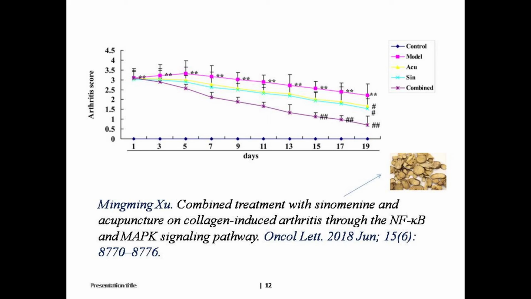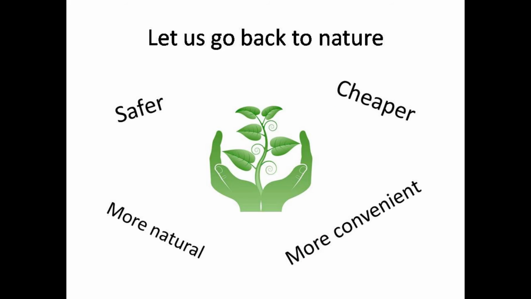So acupuncture, let's go back to nature. Acupuncture, Chinese medicine, is why we need to learn TCM, because it's safer, it's cheaper, it's more natural and more convenient. Because there are no side effects, of course, it's safer. And cheaper.